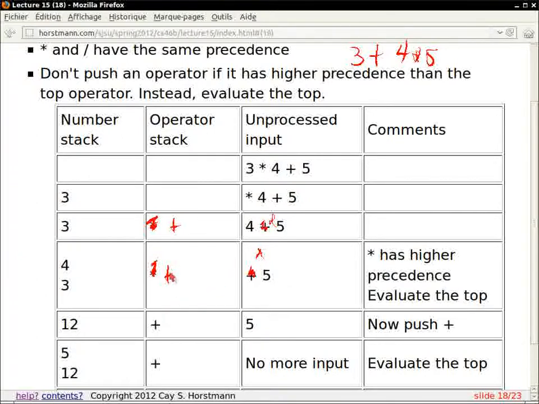The star is also something that we don't yet know how to do because we're still lacking the 5. In that case, you would also have pushed it. So the idea is that you always push stuff on the stack that you don't yet know how to deal with, and when you find a stronger operator than what's already on the top of the stack, you need to push the stronger operator.